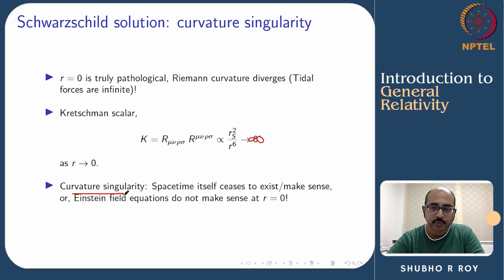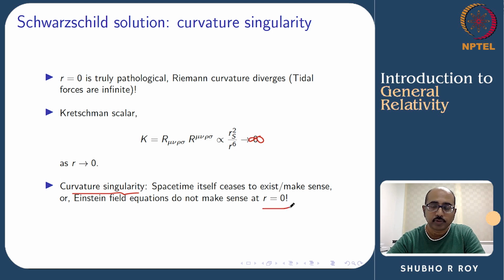curvature singularity. One can think of it in two ways. A, spacetime itself ceases to make sense, just like in a coordinate singularity, coordinates do not make sense anymore. It can so happen that at r equal to 0, spacetime itself doesn't make sense anymore. Or we can say that we obtained the solution from solving the Einstein field equations, and maybe the Einstein field equations do not make sense at r equal to 0.